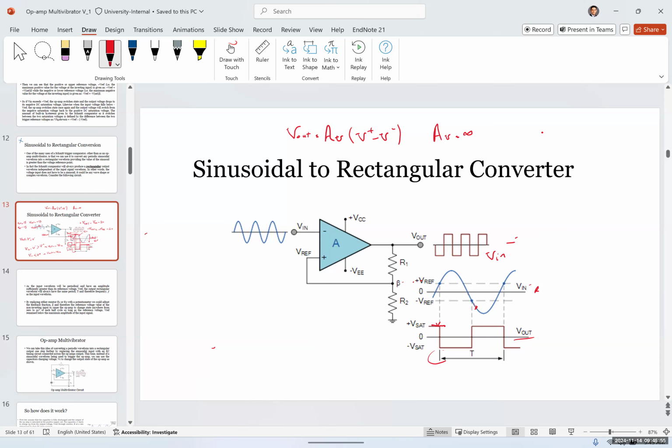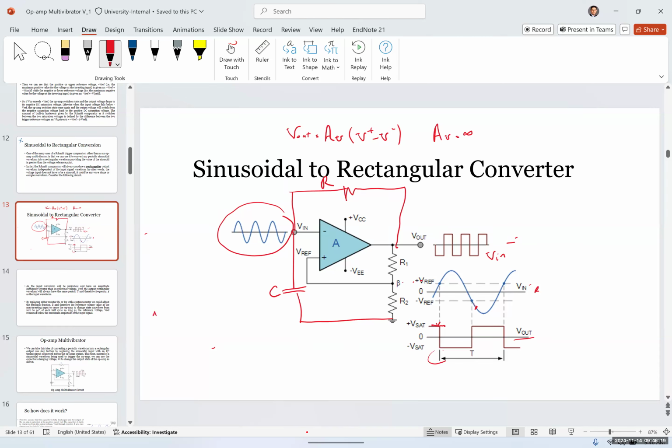So if instead of this voltage, I have a capacitor here, and if I add another resistor here, I create an RC circuit. And this RC creates a pulsating signal, which looks like this.